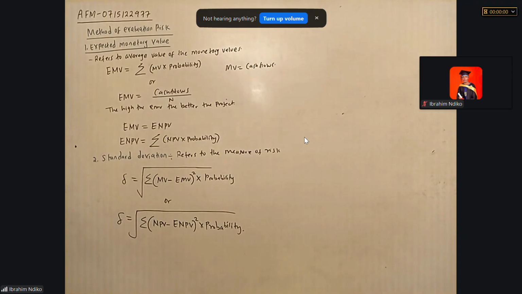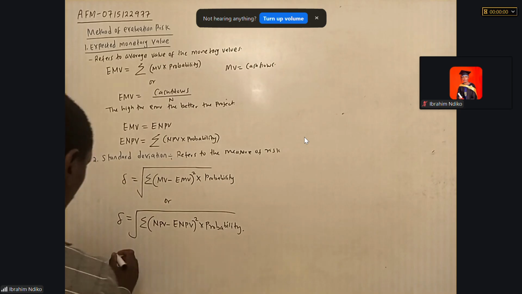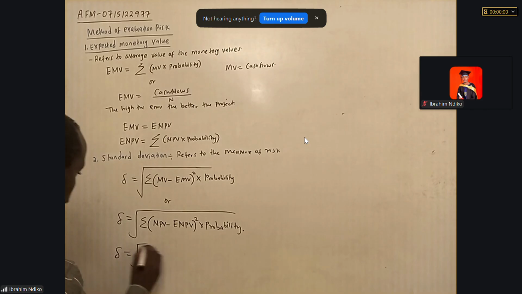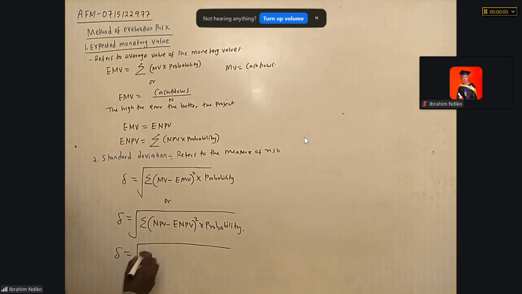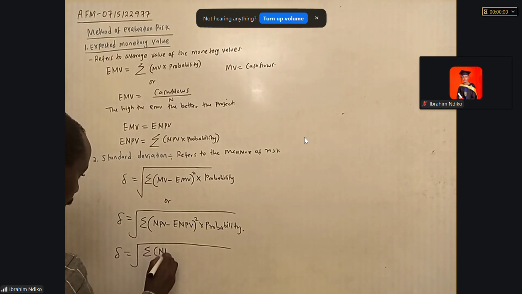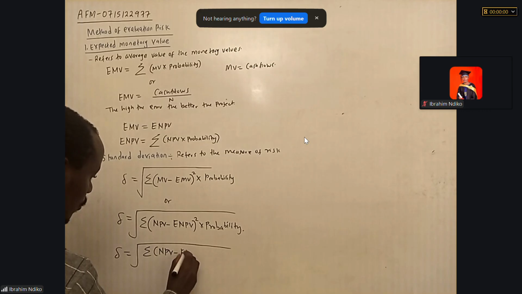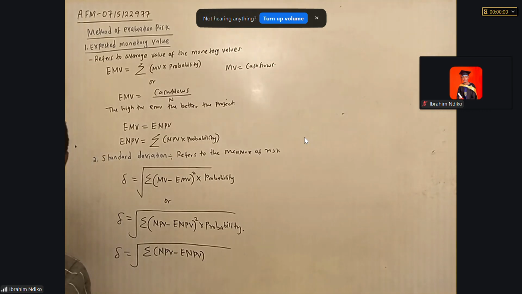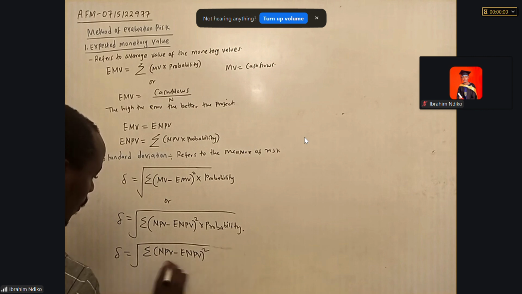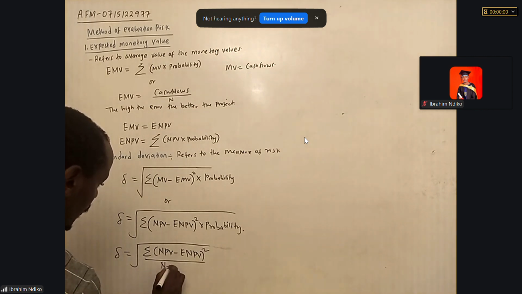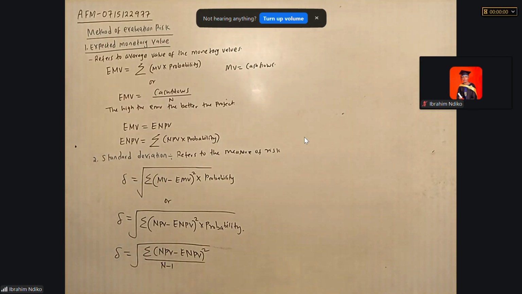Now, we can also calculate it this way: the summation of NPV minus expected NPV squared over n minus 1. That is the case where we do not have probability.